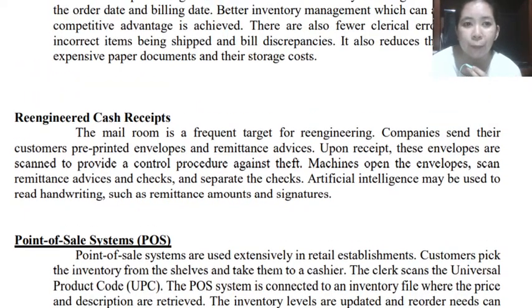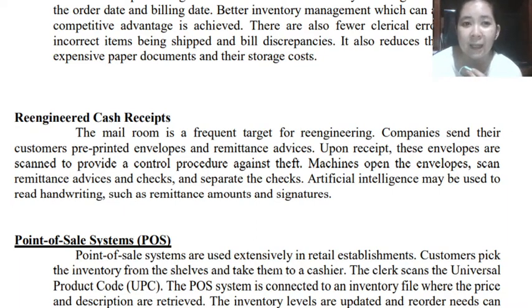What about for re-engineered cash receipts? So here, of course, the mailroom is a frequent target for re-engineering because this is to avoid familiarity and to hasten the internal control to avoid mishandling of cash, okay, or theft or fraud.